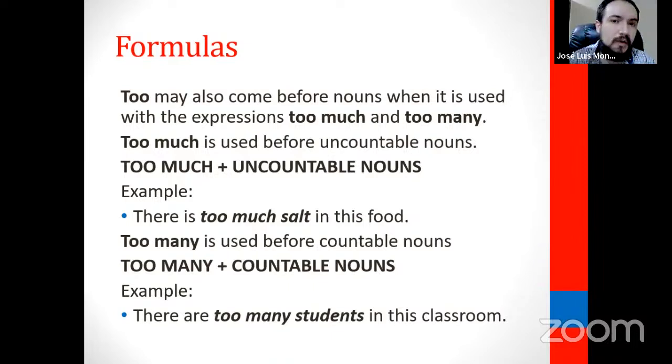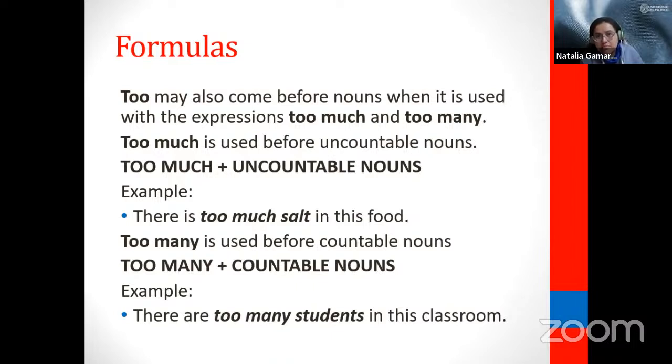Yes, correct. What are some examples of uncountable nouns? Because countables are very, very basic, right? But what about uncountables? What examples do you know? And if you know categories also, let me know. For example, too much sugar or too much sand on the beach.